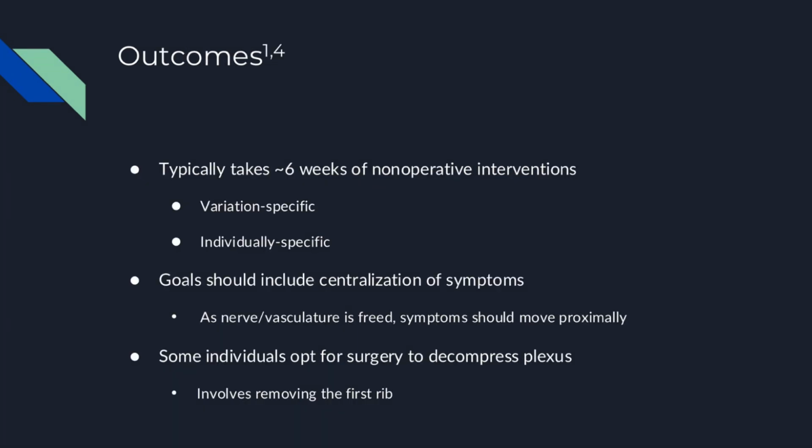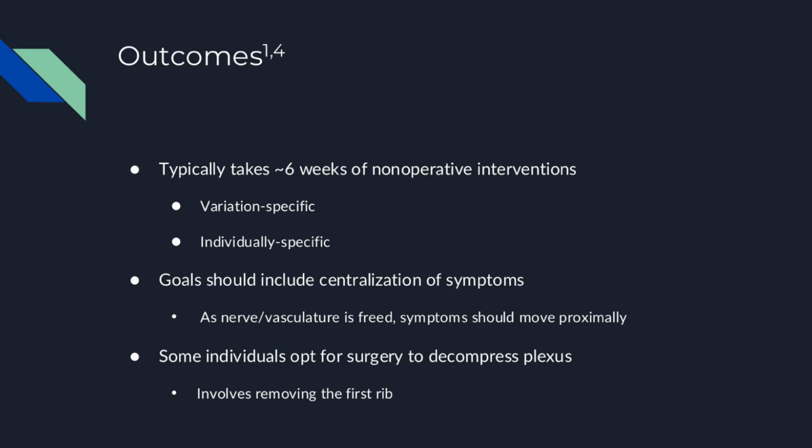So outcomes are very variation specific, with it being three different types of compression as well, and any combination of those. It could take longer. This is a very loose six-week time frame, but typically about six weeks of non-operative intervention and posture correction could help an individual, but this is also individually specific, especially for the arterial and venous compressions.